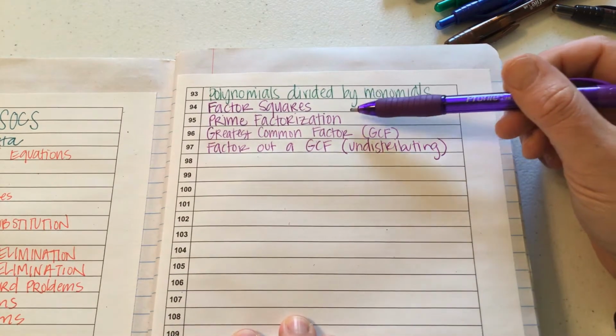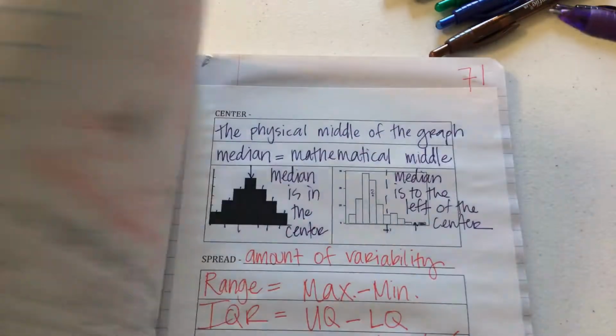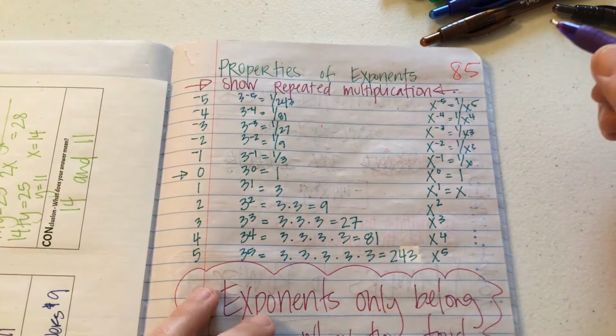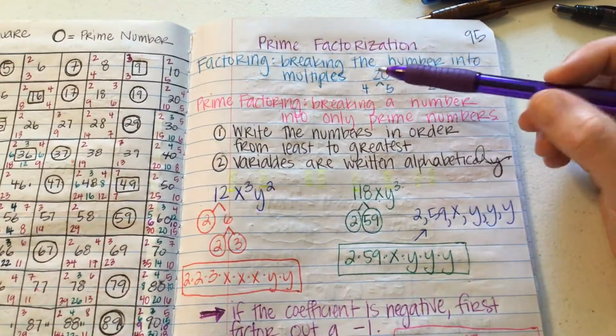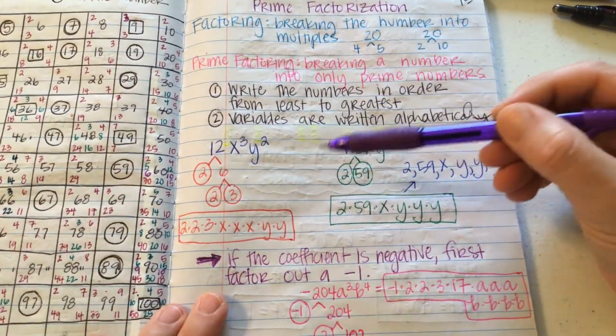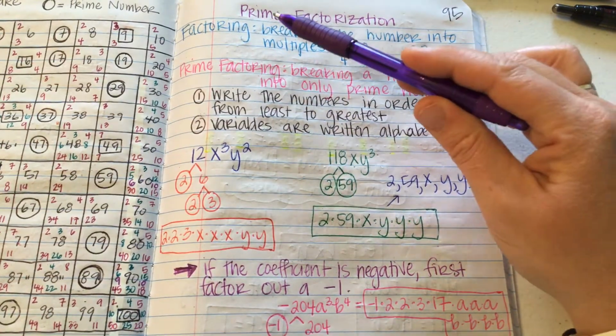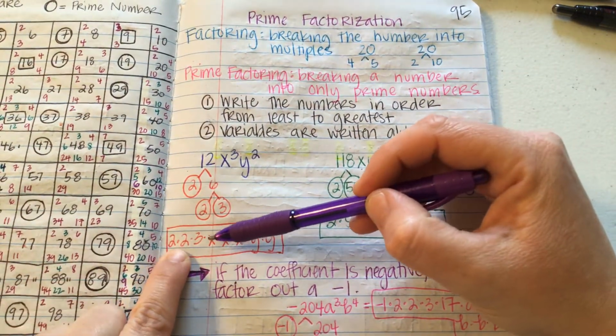So let's first swing by page 95 really quickly just to talk about this prime factorization and some misconceptions that we're seeing in our work. Remember that when you factor, in prime factorization, your answer should only include prime numbers.